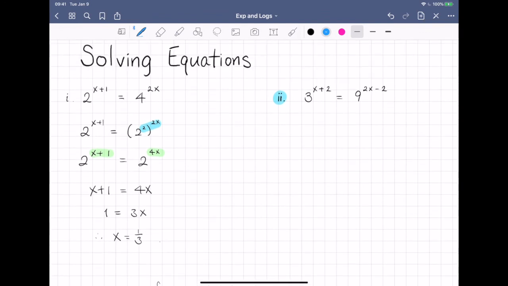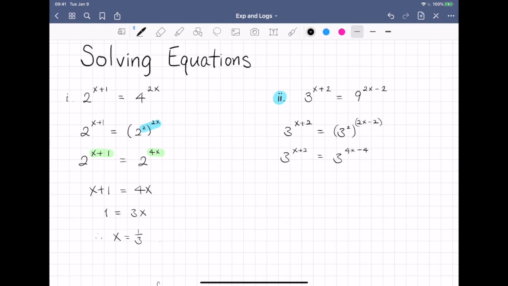All right, so here's the equation, and the trick again was to rewrite 9 as 3 squared. So 3 to the x plus 2 equals 3 squared to the power of 2x minus 2. And so this time you have to multiply 2 by 2x minus 2, so it'd be 4x minus 4.